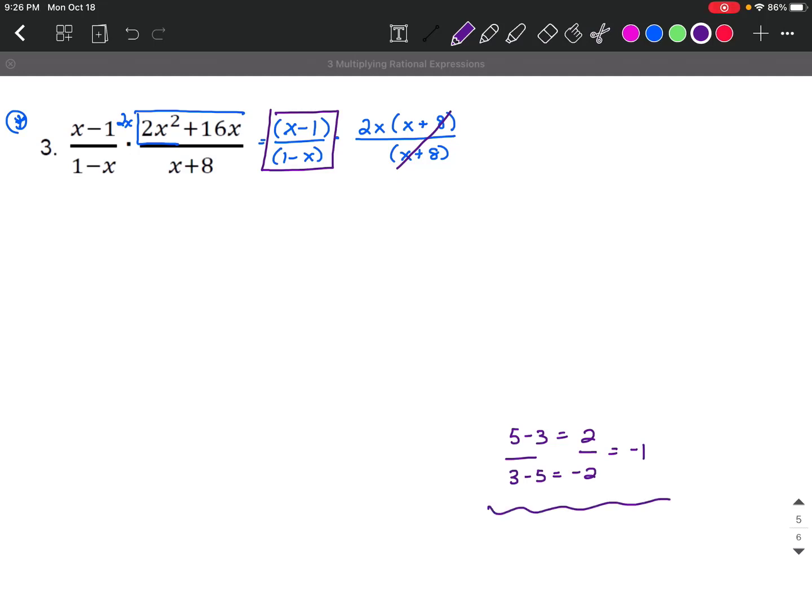If it's addition, though, 5 plus 3 is 8, and 3 plus 5 is also 8, so that's 1. If you switch around addition, they reduce to 1. But if you switch around subtraction, they divide to negative 1.